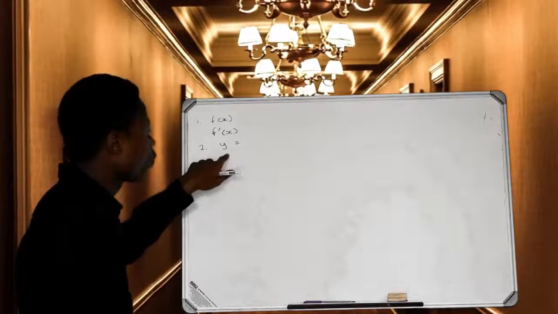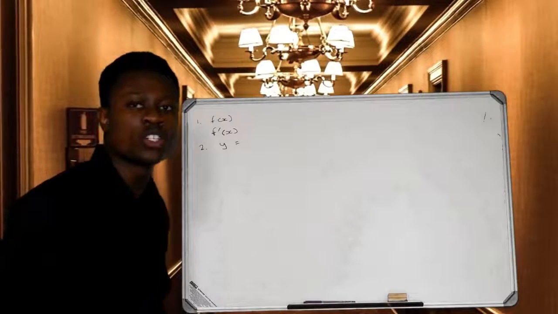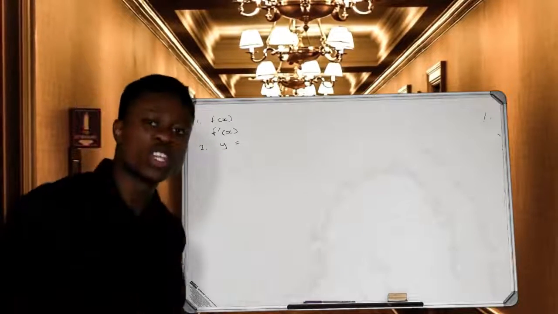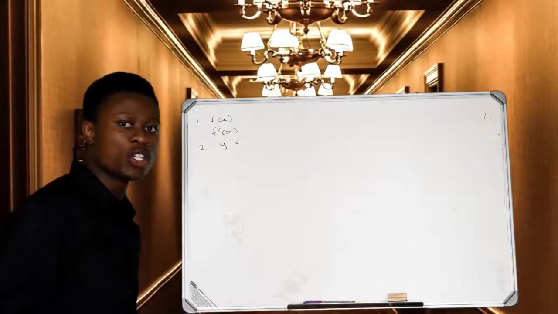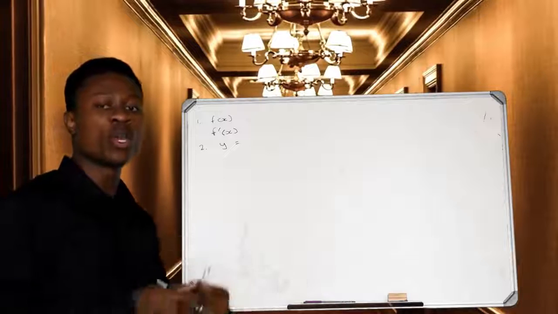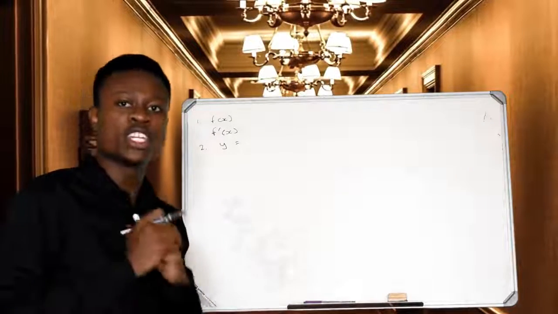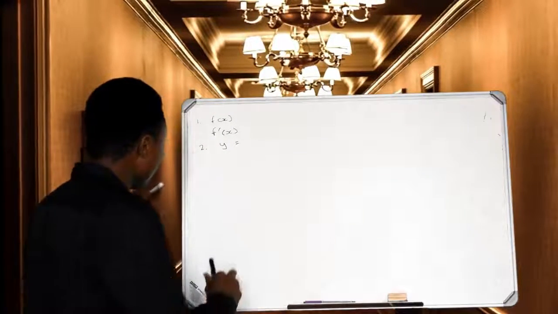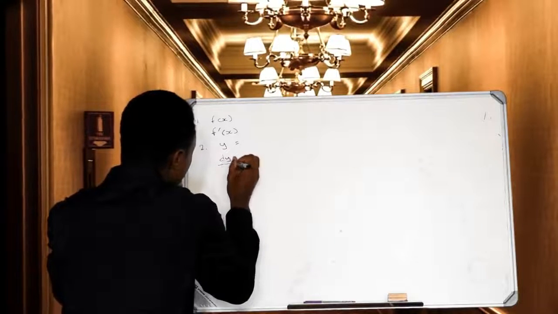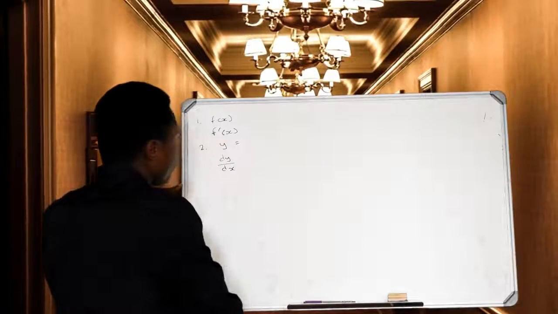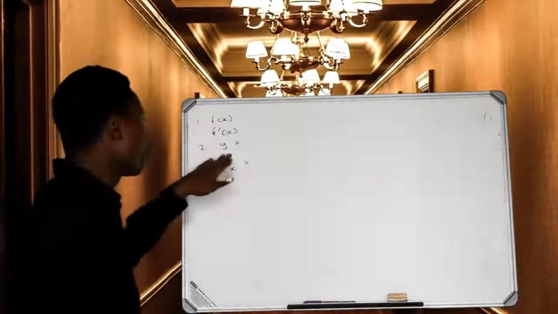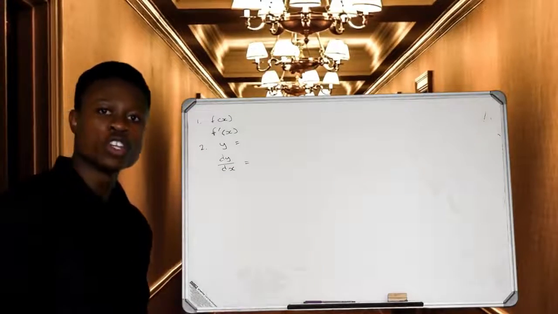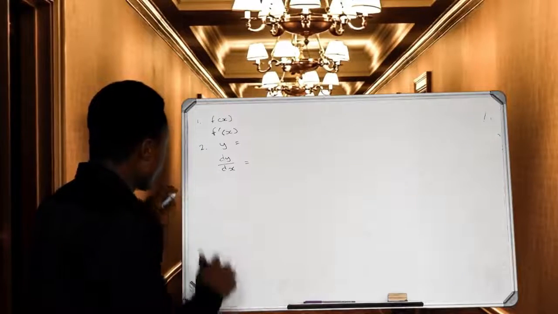You don't solve for it while you're still trying to fix your equation so that it's differentiable. You first keep it in terms of y, and you say y is equal to until you get to the point where you want to differentiate. And then when you actually differentiate, that's when you bring in dy over dx. And that is your differentiation.